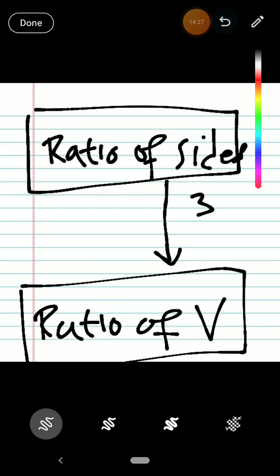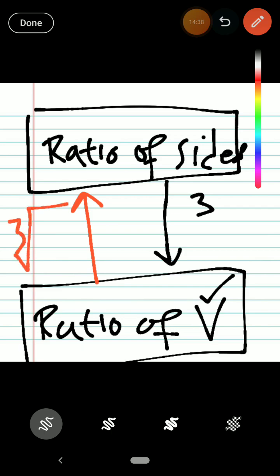If you have been given the ratio of volumes and you want to get back the ratio of sides, you do cube root. That's how it works.